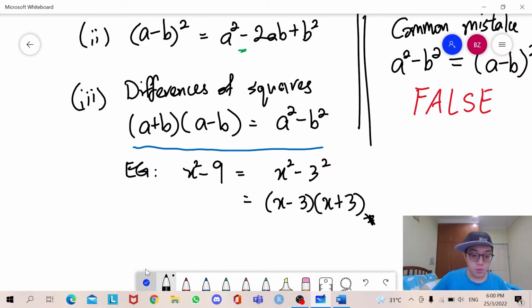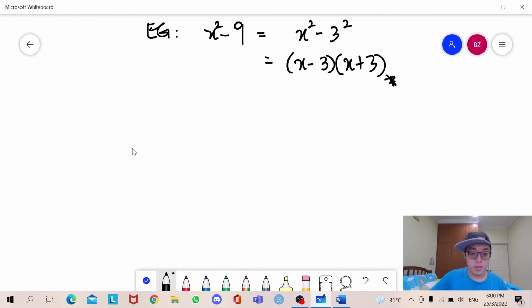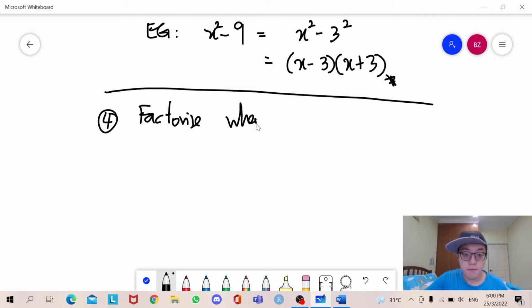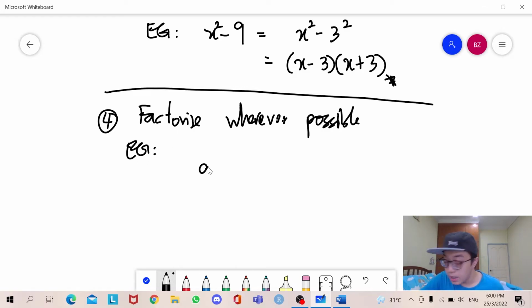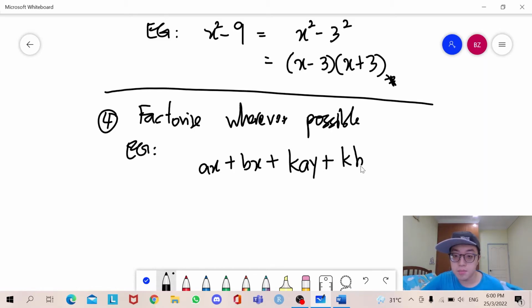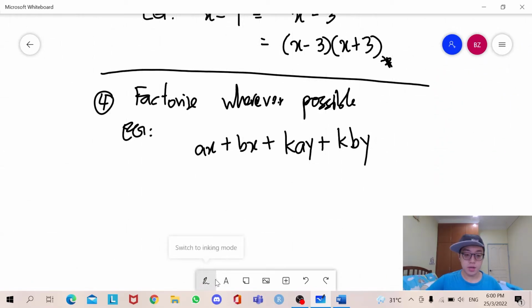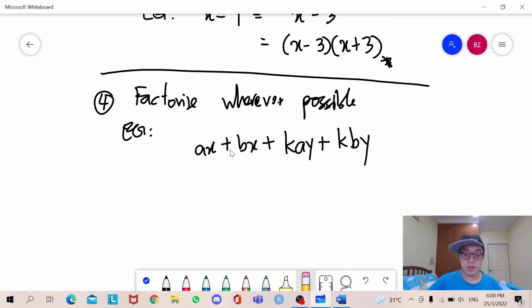The last part before we go to the examples here is about factorization. To factorize wherever possible. For example, ax plus bx plus kay plus kby. This type of four terms, factorize four terms.